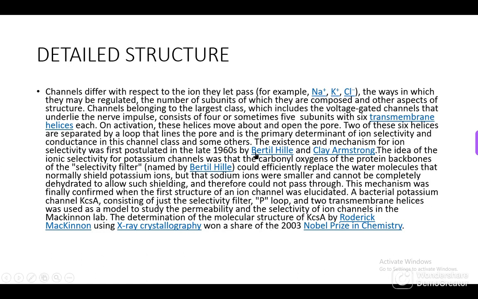The detailed structure has also been described by Roderick MacKinnon using X-ray crystallography. Now, this person, probably he is Australian, I don't know, but it seems so, got the Nobel Prize in Chemistry in 2003. He is a chemist basically, an organic chemist, and he described these channels in detailed structure.